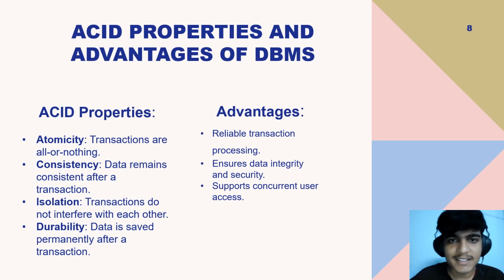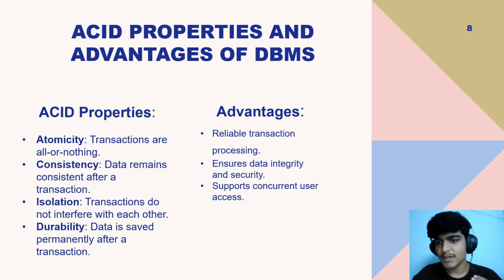So now we'll study the ACID properties and advantages of DBMS. ACID stands for atomicity, consistency, isolation, and durability. Now we'll see in detail what these properties are. So atomicity. It states that the transactions are all or nothing. That means once a query is generated by a user, the query is either completed successfully or it is not completed at all.